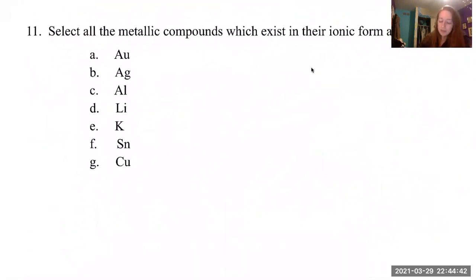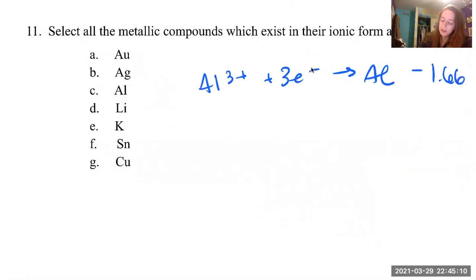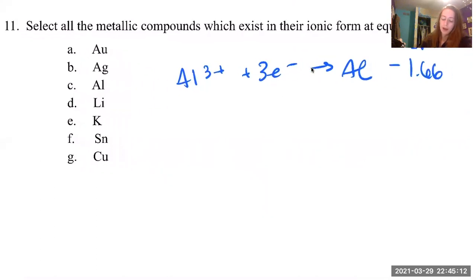So basically, when you're looking at molecules, if you look at the SRP chart, molecules that have a negative SRP, like aluminum, so Al 3 plus plus 3 e minus to Al. So this one has a negative 1.66 SRP. Okay.